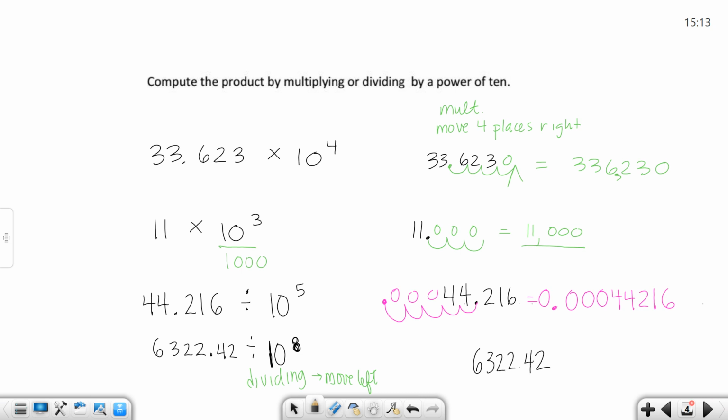I'm going to move 8 places to the left. Okay, so start here. 1, 2, 3, 4, 5, 6, 7, 8. Put zeros all the way. So it's going to have a 0 out in front, and it's going to have 4 zeros, and then it's going to have 6322.42. And that's how it would look if you were dividing by 10 to the 8th, which is over 1 million.